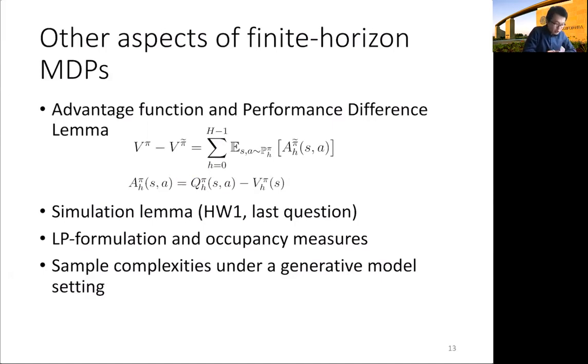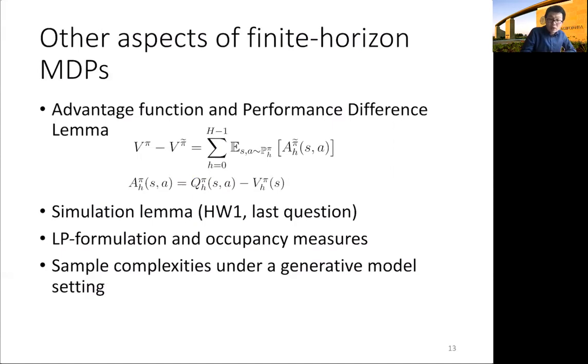We also define an advantage function for every time step h separately. So everything is quite intuitive, and there are also equivalents of what we learned about the infinite horizon MDP, like the simulation lemma, the linear program formulation, occupancy measures, and so on.